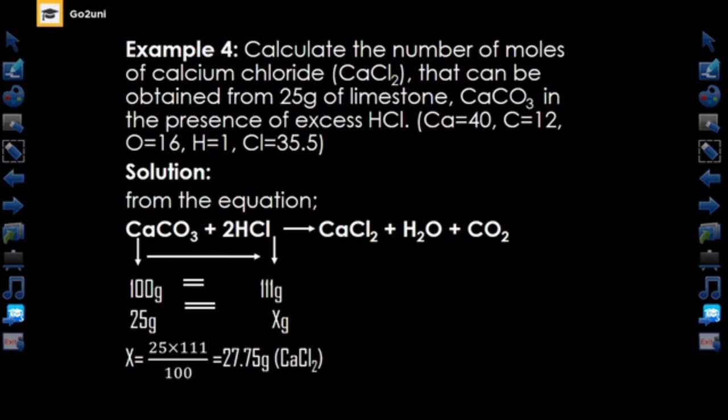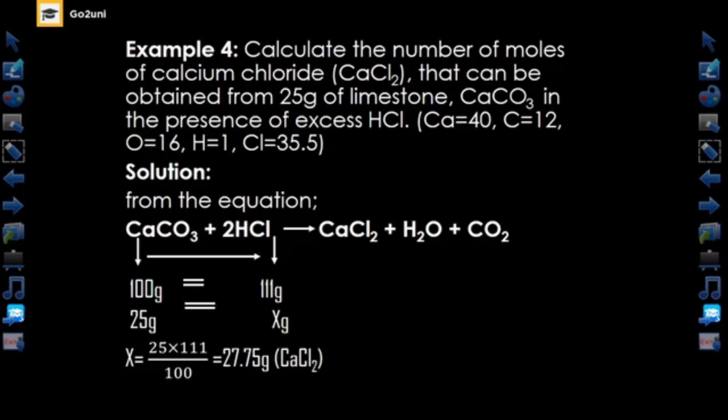So what we just need to do is take the next step. What is the next step? Finding the two species you are most interested in. And those species are, look at it, calculate the number of moles of calcium chloride that can be obtained from 25 grams of limestone. And limestone is calcium carbonate, that is CaCO3.